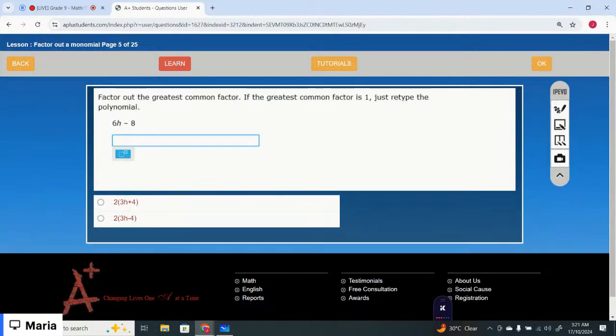Very good. Okay, factor out the greatest common factor of 6h minus 8. Which is the correct option?